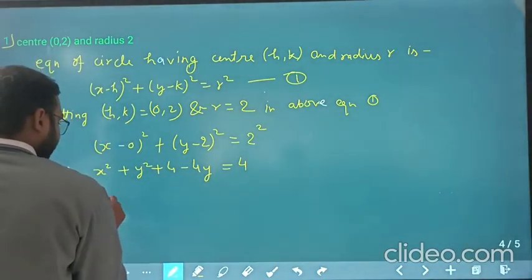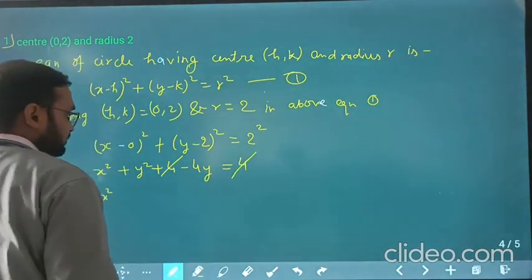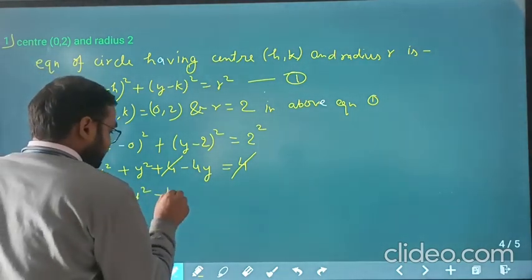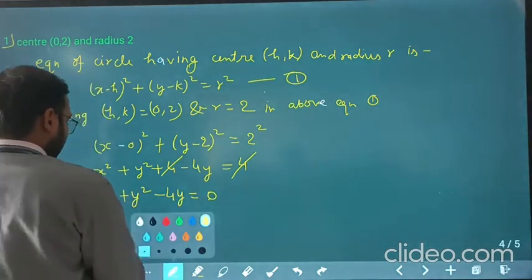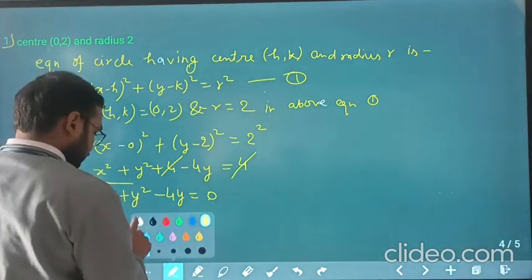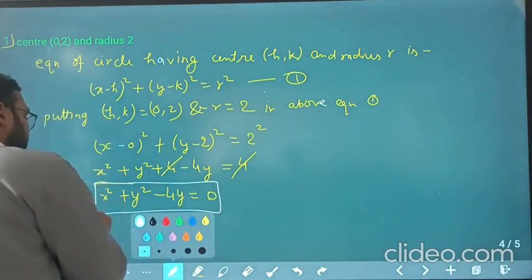So 4 is cancelled out by the 4 on this side. So x square plus y square minus 4y is equal to 0, and that is the required equation of the circle.